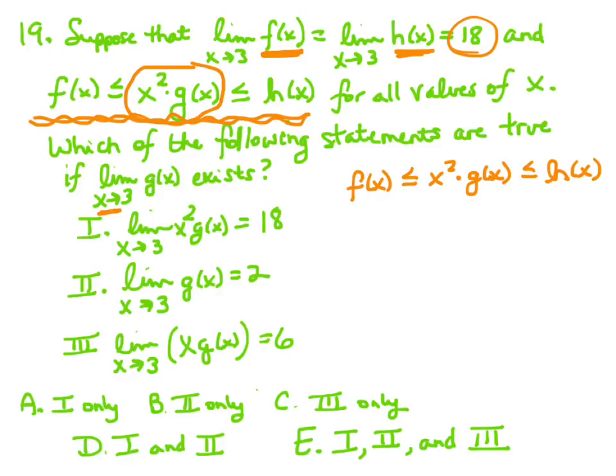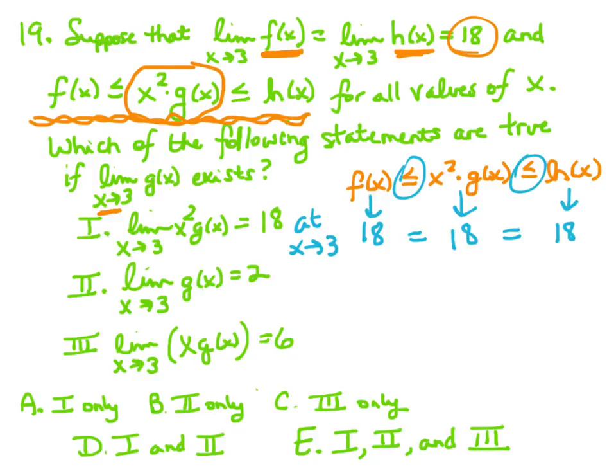So if I'm talking about x approaching 3, we've already said that this limit is equal to 18, and we've said that this limit is equal to 18. That was given to me in the question. So hopefully it makes sense to you that this limit would also have to equal 18, that all of these things would have to be equal to each other. Because if x squared times g of x is between f of x and h of x or equal to them, my only choice is that they all be equal, because there's nothing between 18 and 18. It has to be equal to 18. And so statement number 1 is true.